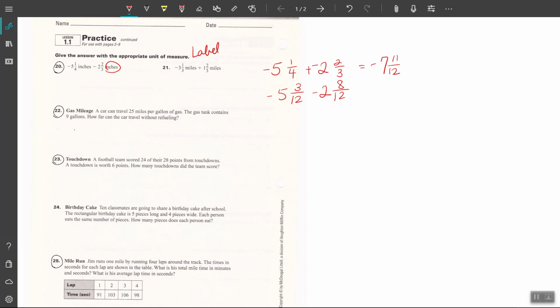So there, everything is negative, -5 and 3/12 minus that 2 and 8/12. Combine those together because they are like signs, and you get -7 and 11/12, and there's no need to reduce. It's in reduced form, but we do need to put a label on.